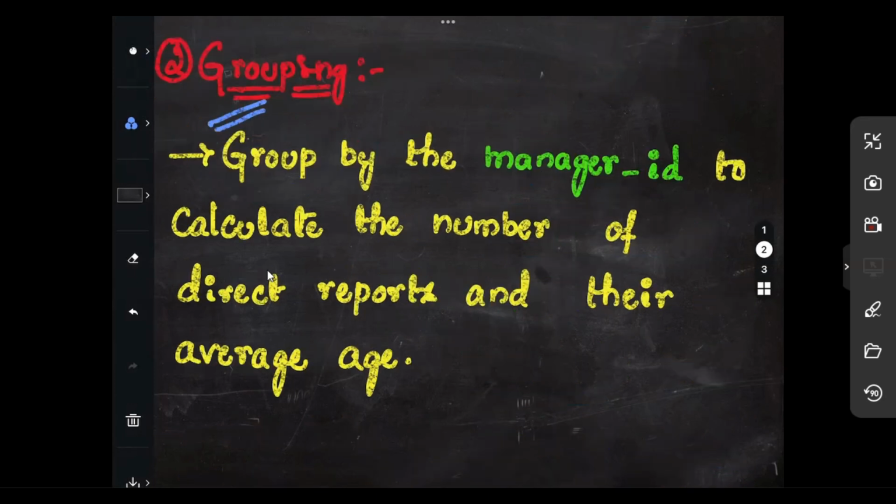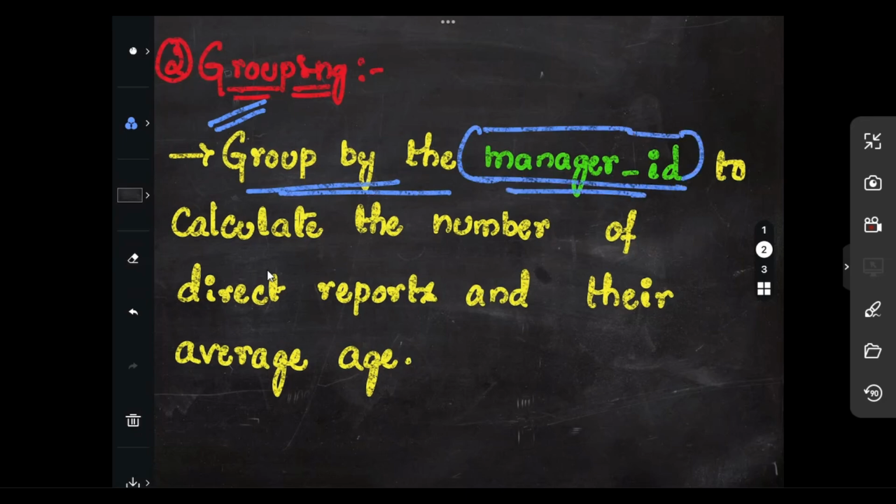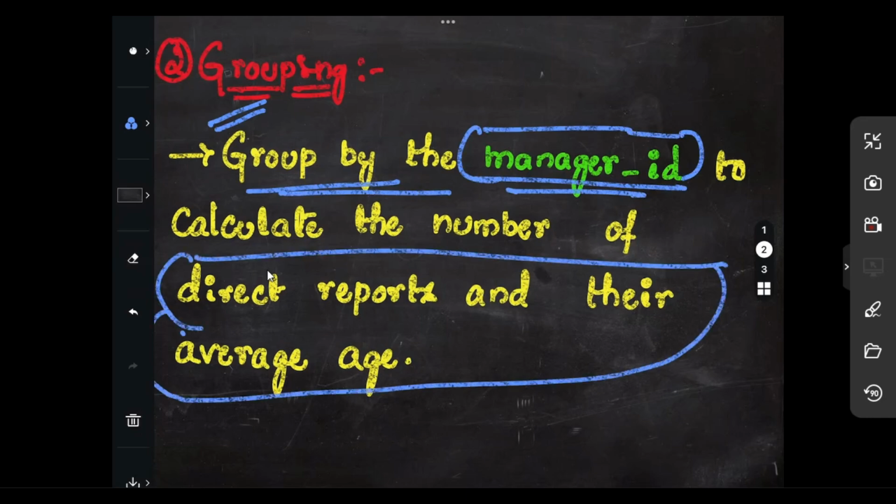Now let's move on with the second step, nothing but grouping. When I say grouping, we have to group by the manager ID. Why am I saying we have to group by the manager ID? Because we have to calculate the number of direct reports and their average age. They have clearly asked for average age in the question. So Hersey reported to Alice and Bob here in this case.